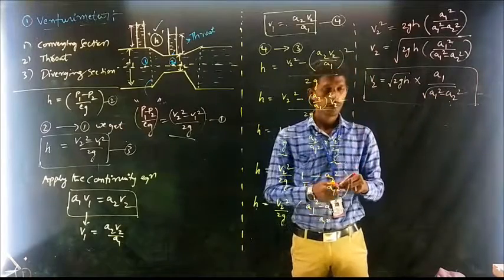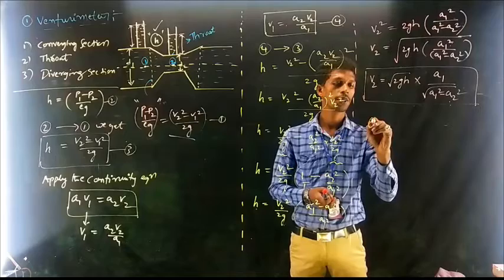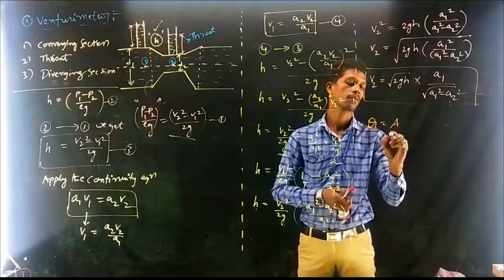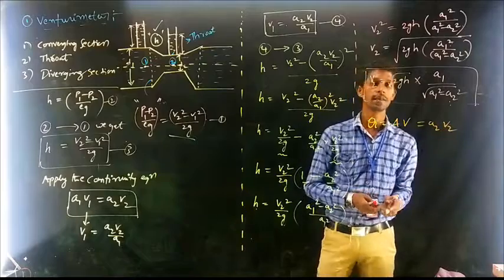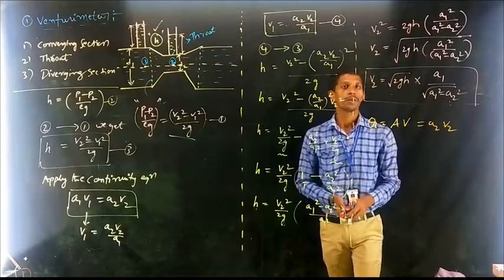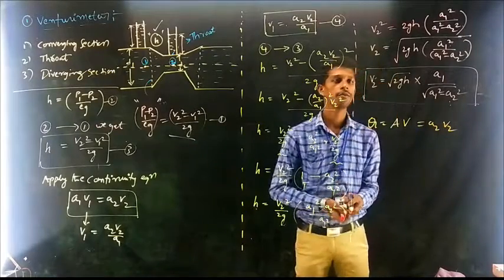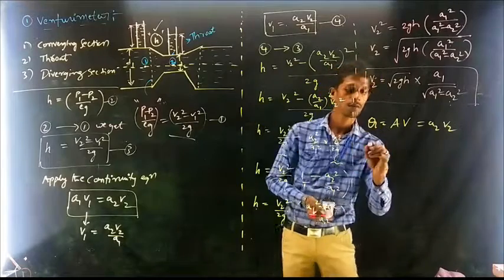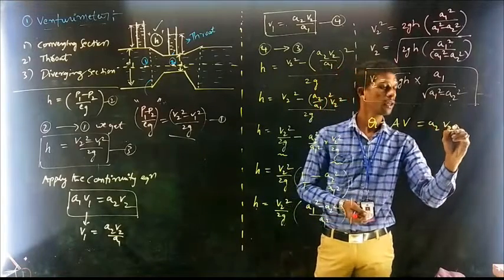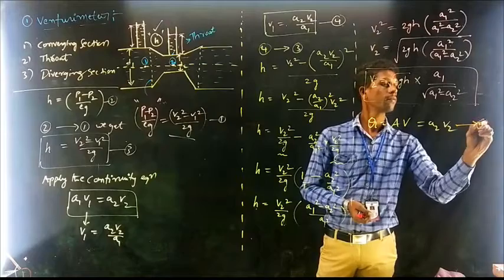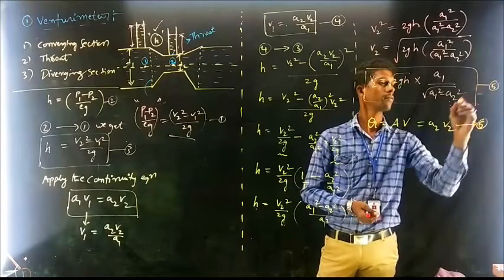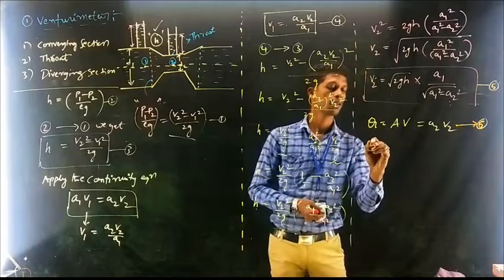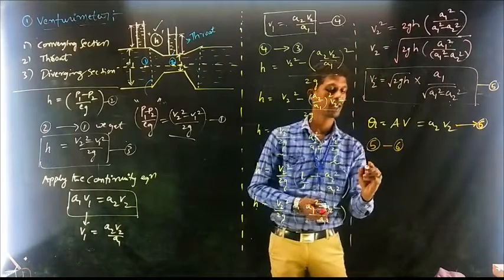Then what about the discharge formula? Q is equal to AV, so nothing but A2 into V2. What about the value for V2 here? In this equation it is 5 and it is 6 and it is 5. So substitute equation 5 in 6.